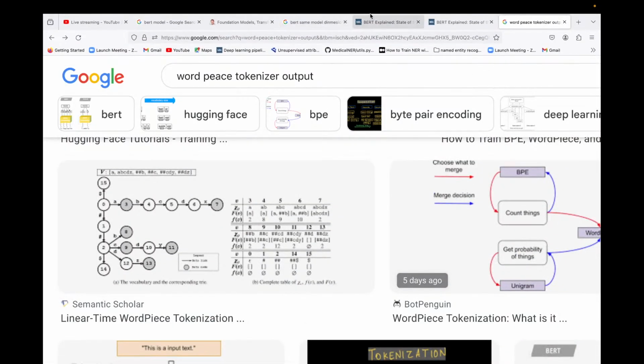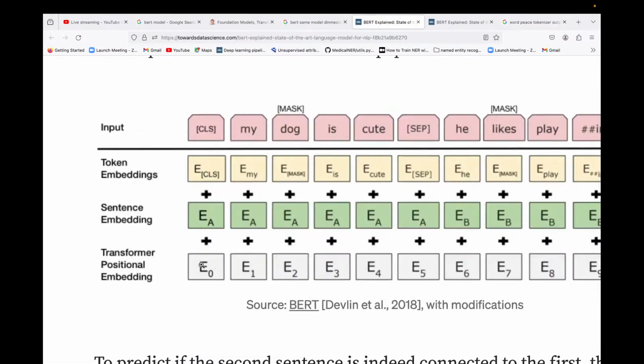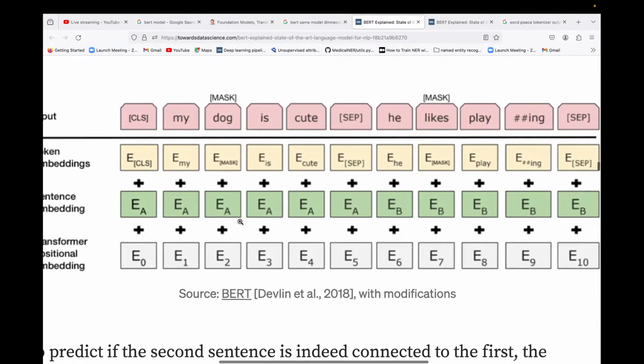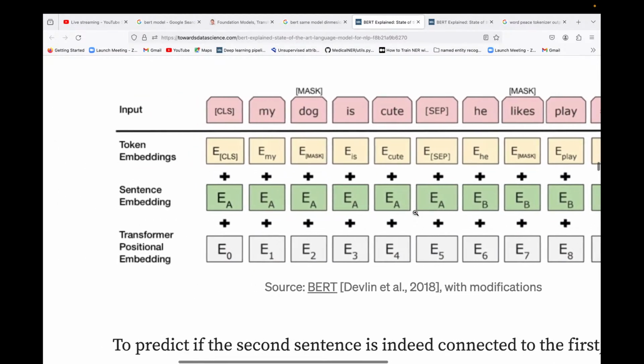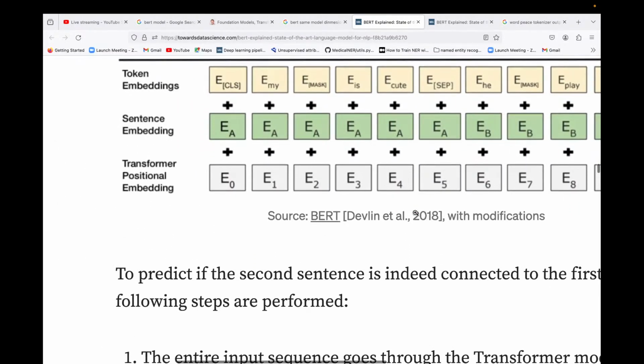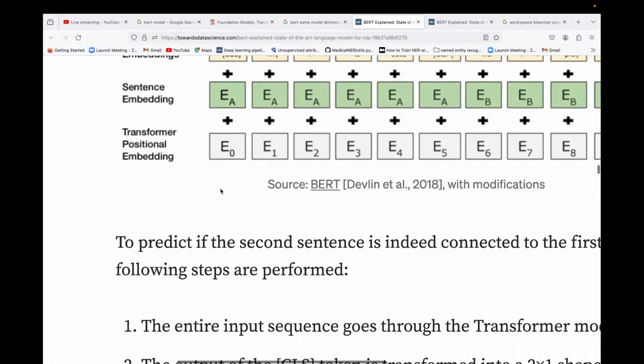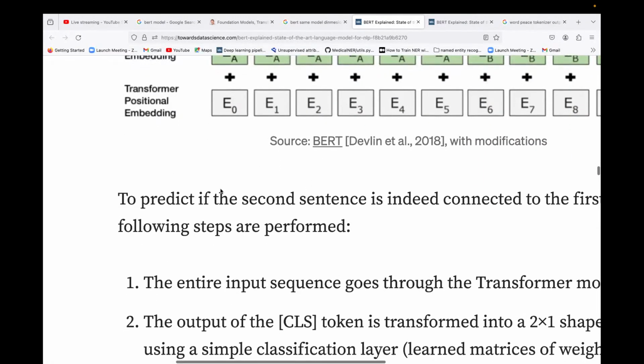Once you get all those, we create the token embeddings for each word token, then the sentence embeddings. Then we create some sentences based upon a particular sentence, so E_A is for one sentence, E_B for another sentence. After that, position embeddings happen, where a position is given to those words.